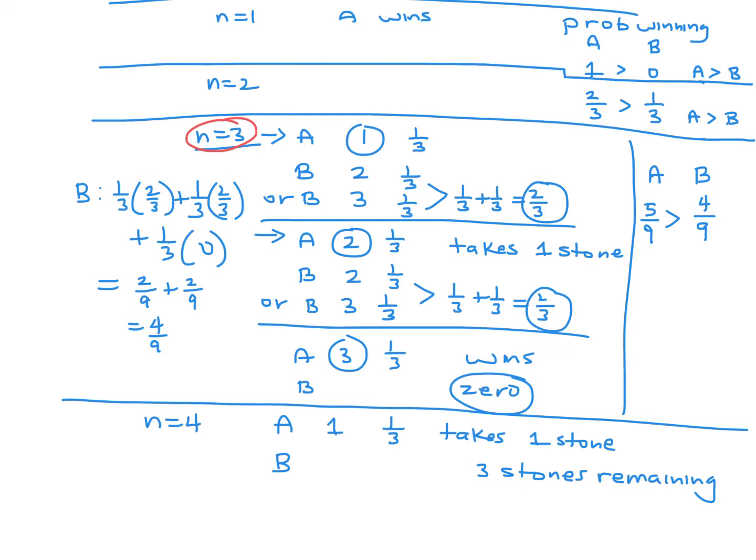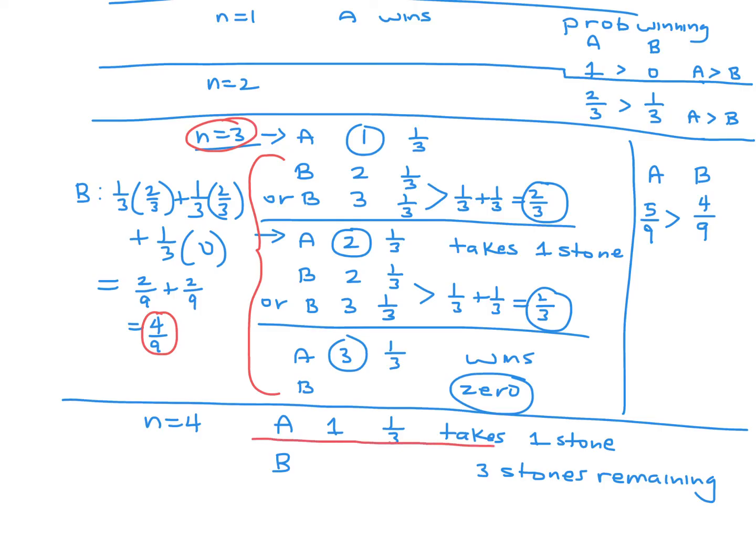So you can do this same process again, and you will get the same probability, but instead of getting 4 over 9 for Bob, you'll get the complement. You'll get 5 over 9 because this time Bob is going first.